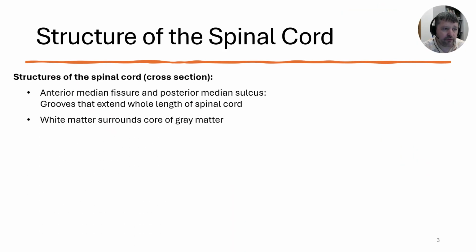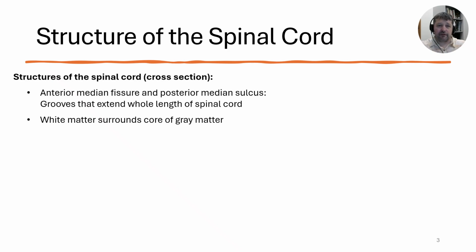All right, so when we look at a cross section of the spinal cord, we're asking, what is it made up of? What's the cellular makeup of a spinal cord in cross section? It's sort of the opposite of what we see in a cross section of the brain.